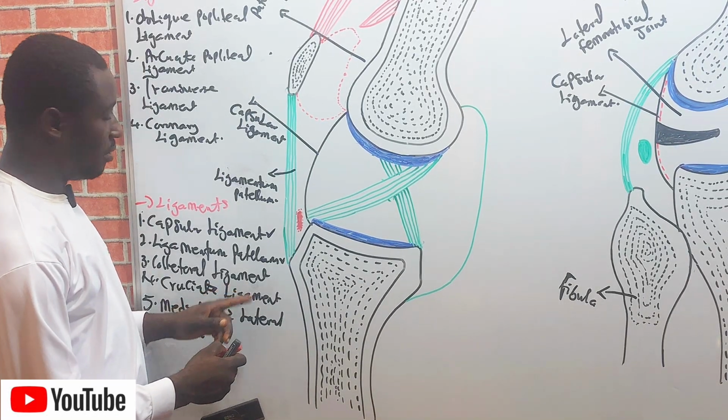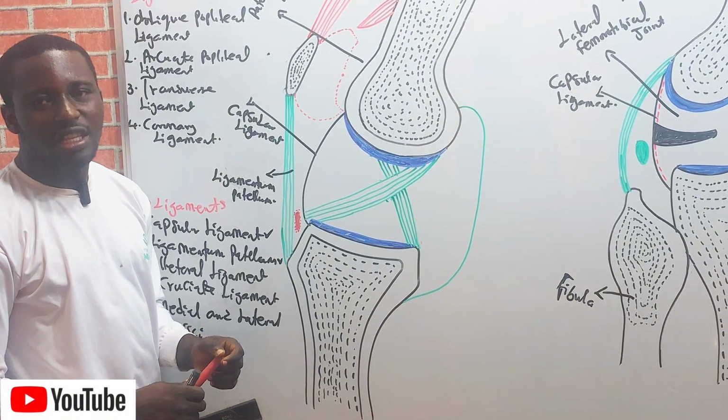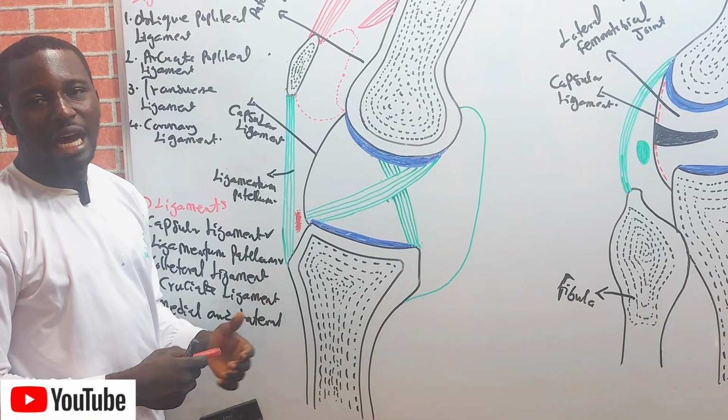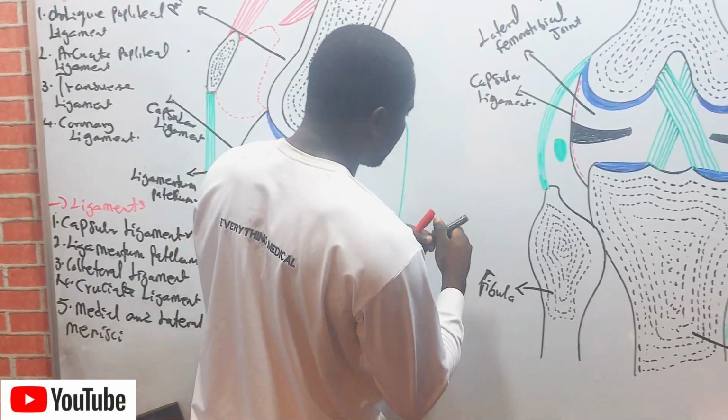We have the two collateral ligaments, the medial and the lateral collateral ligament, which can be called the tibial and the fibular collateral ligament. Now, watch here.